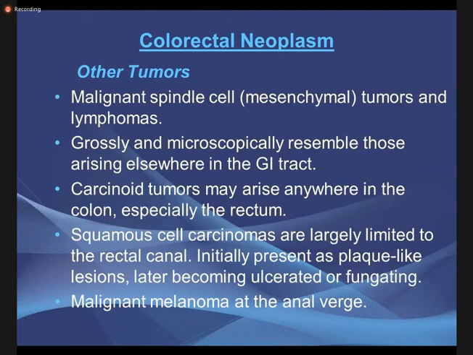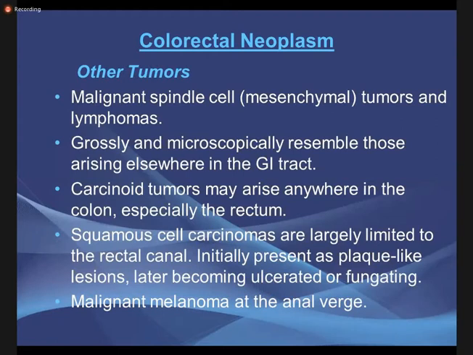Grossly and microscopically, these resemble those arising anywhere in the GIT. Carcinoid tumor may arise from the endocrine cells, anywhere in the colon, especially the rectum. Squamous cell carcinomas are largely limited to the rectal canal and anal canal, initially presenting as plaque-like lesions, later becoming ulcerated or fungating. And malignant melanoma is also there at the anal ward.